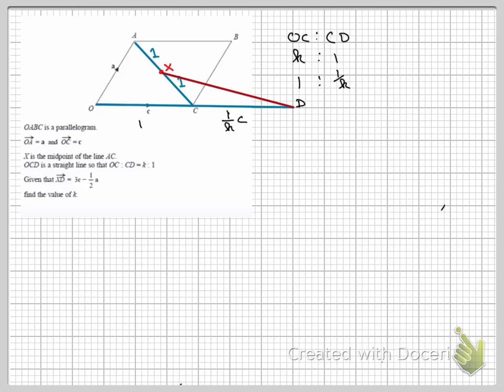Now that I have that, I can go about talking about my strategy. My strategy here is going to be 2 journeys from the same place, same start, to the same finish. Since they begin in the same place and end at the same place, they will be equal.